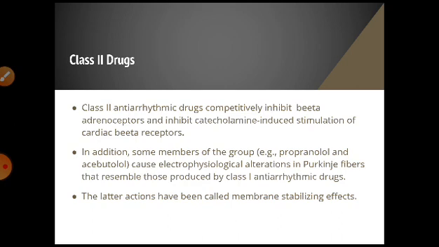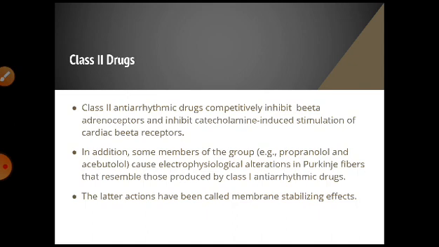In addition, some members of this group, for example propranolol and acebutolol, cause electrophysiological alterations in Purkinje fibers that resemble those produced by class 1 antiarrhythmic drugs. So some drugs are having some effect on the electrophysiology of the Purkinje fibers as well, as you have seen in the class 1 drugs.